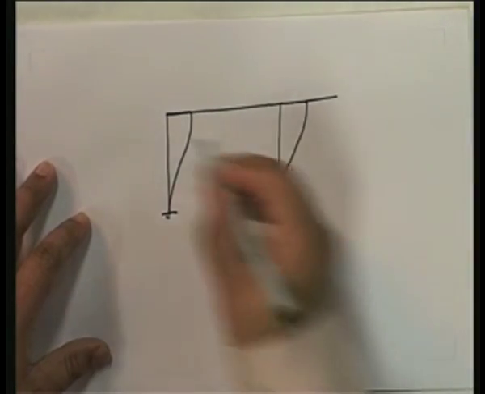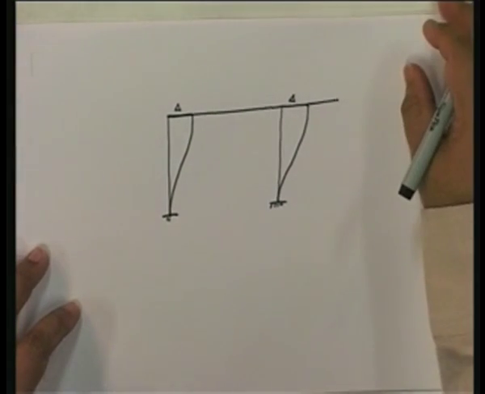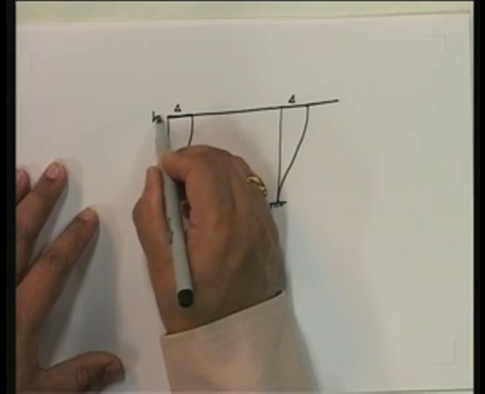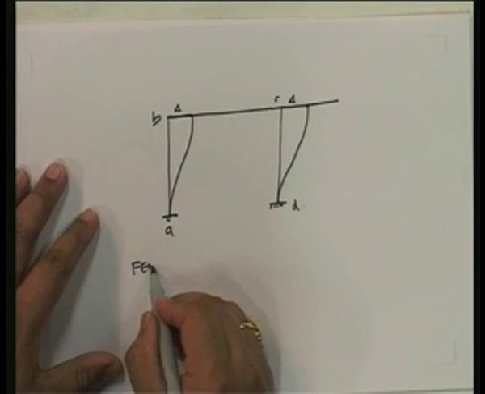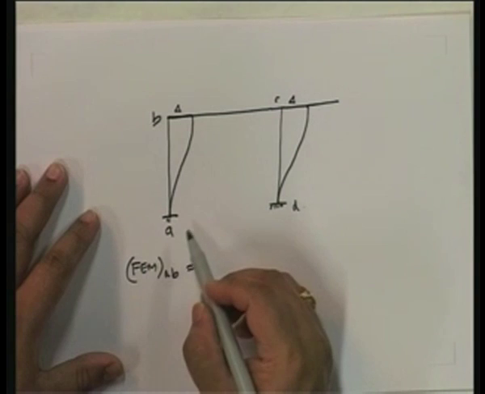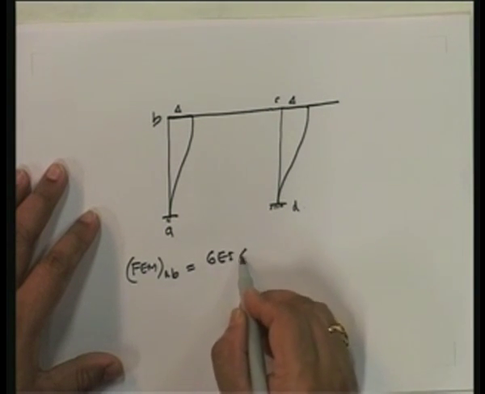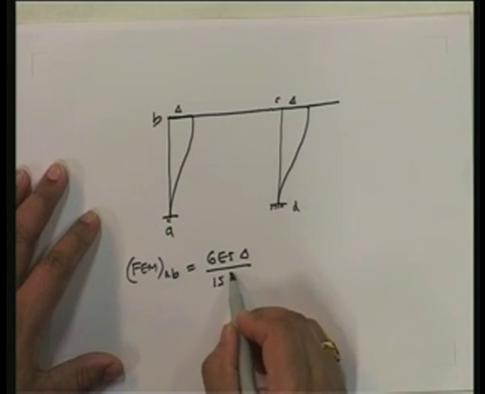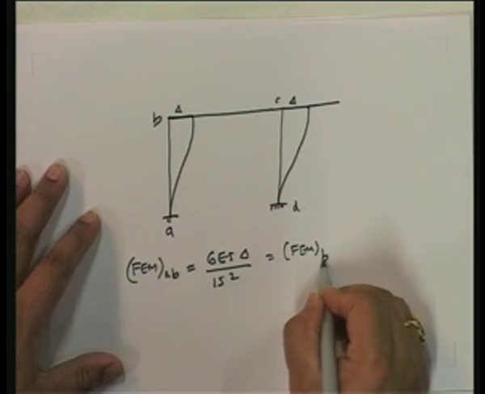Okay? So if you look at this, if we say this is delta and this is delta, what do we get? We get that the fixed end moments A, B, C, D. Fixed end moment AB is equal to, if you look at it, plus 6 EI delta upon 15 squared, which is equal to FEM BA.